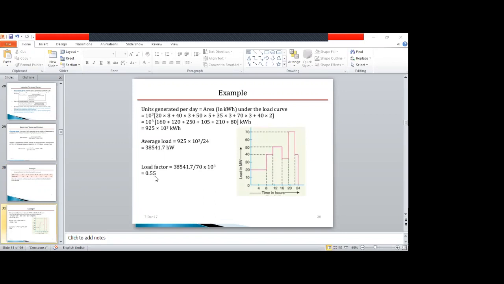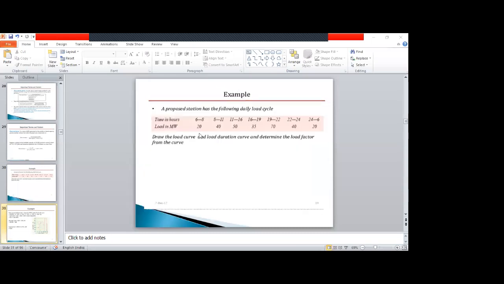So you will get the load factor. Very important is the conversion of units here. In the expression, both the numerator and denominator should have the same unit. I will repeat, the load is given in megawatts. It can be 20 into 10 to the power 6, 40 into 10 to the power 6, etc., because it is in megawatts.